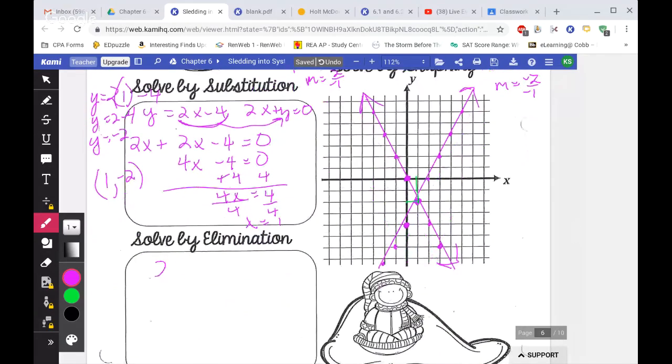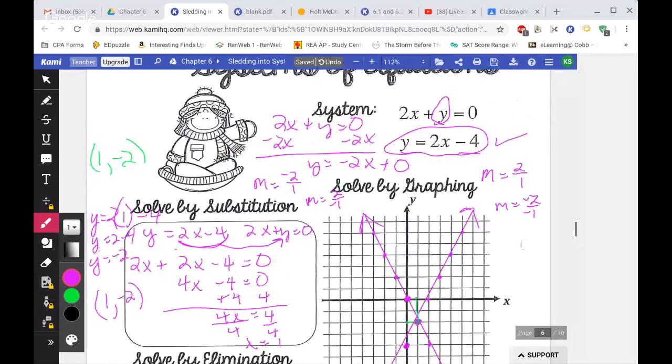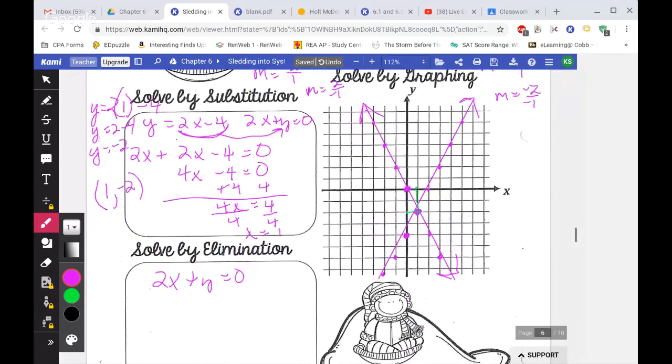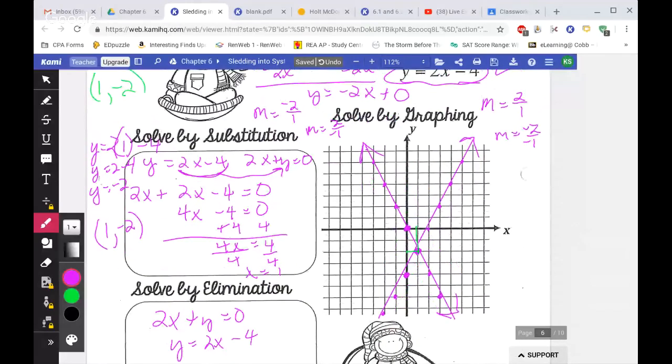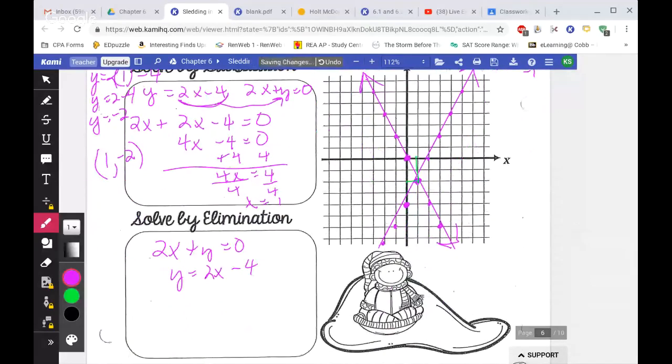Okay? 2x plus y equals 0. Y equals 2x minus 4. Okay. So what you want to do is get them both in standard form. So I'm going to subtract 2x from both sides.